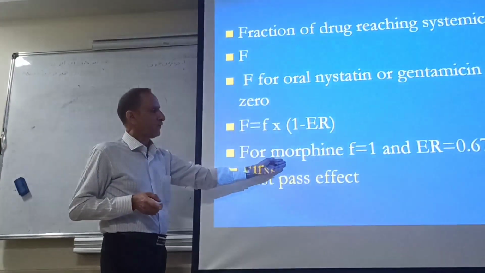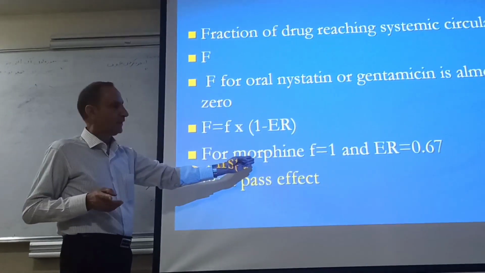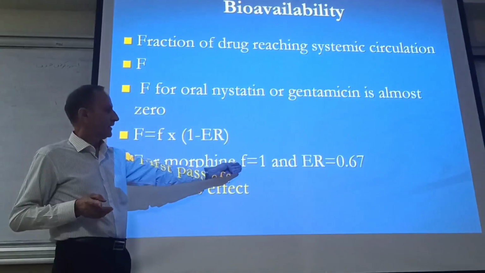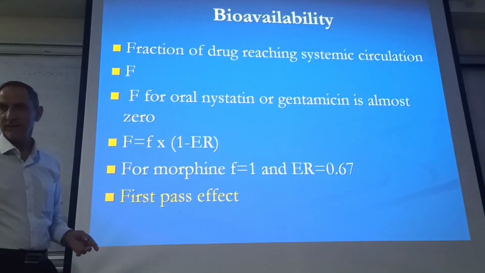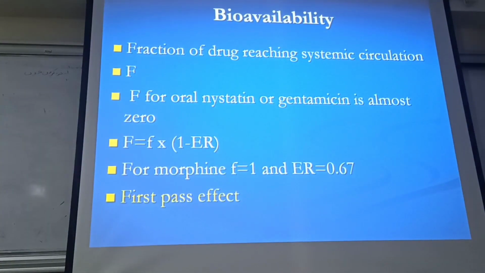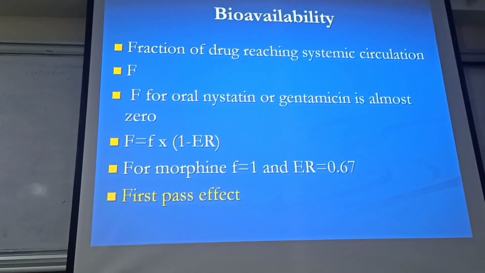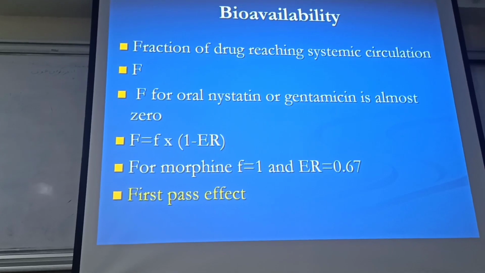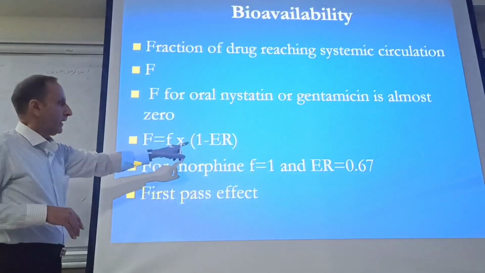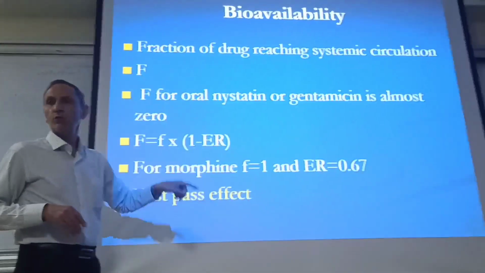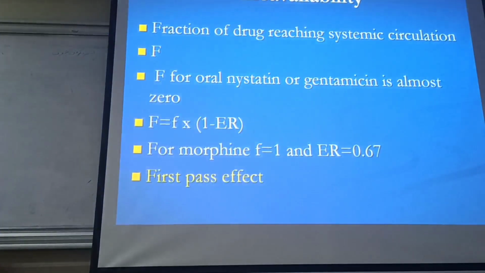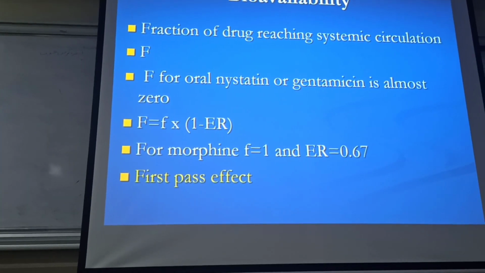For oral morphine, if we consider the small f as 1, it means that we have complete or total absorption, 100% absorption. ER refers to the amount of metabolism.